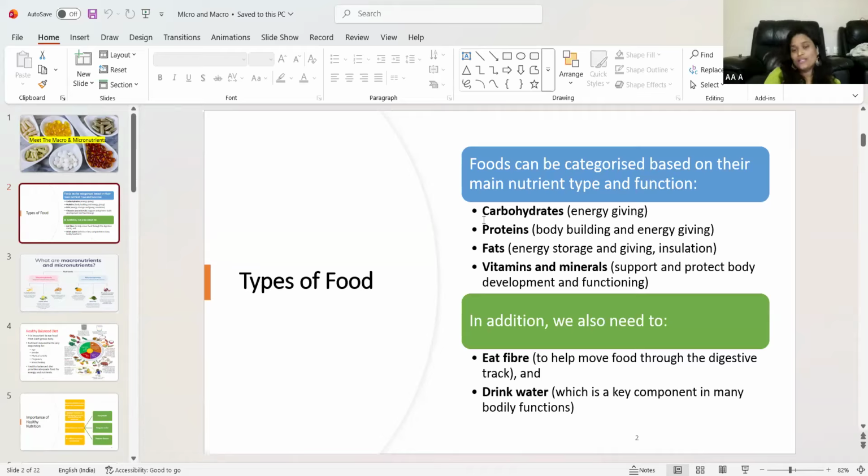Okay. And proteins. How many of you know about proteins, the role of proteins? So now we know that carbohydrates are energy giving, and this is very important to do any work because we require energy to do anything. That is the role of carbohydrates in our body. Now let's discuss proteins. Proteins are a very important nutrient.